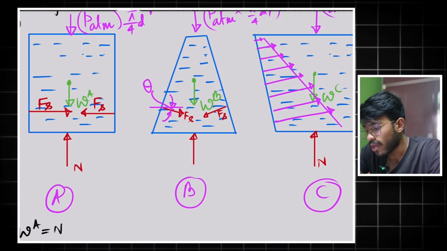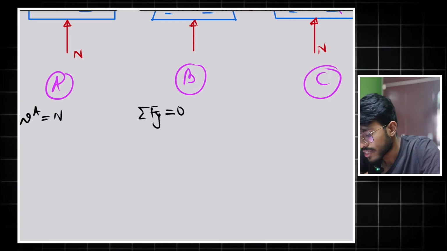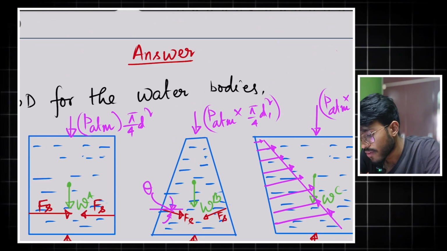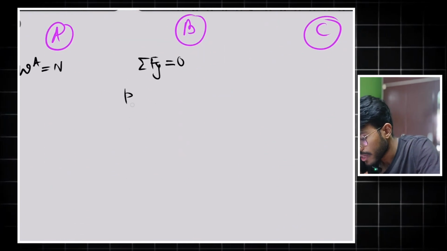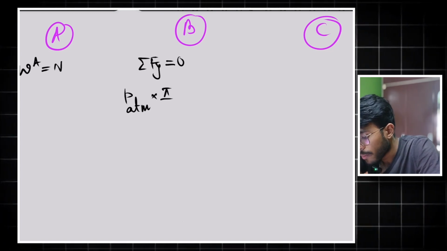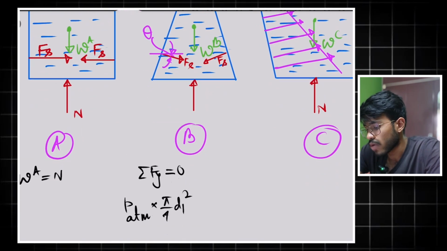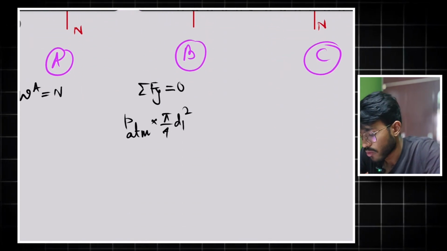Okay. So now if I write the summation of Fy equal to 0 for this case B, on the top surface I am having PATM into pi by 4 d1 square. See, I am not neglecting this force just to avoid any kind of ambiguity. Okay.